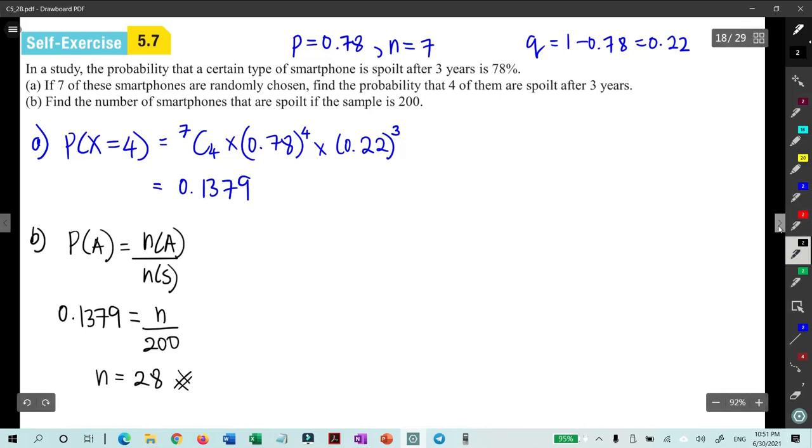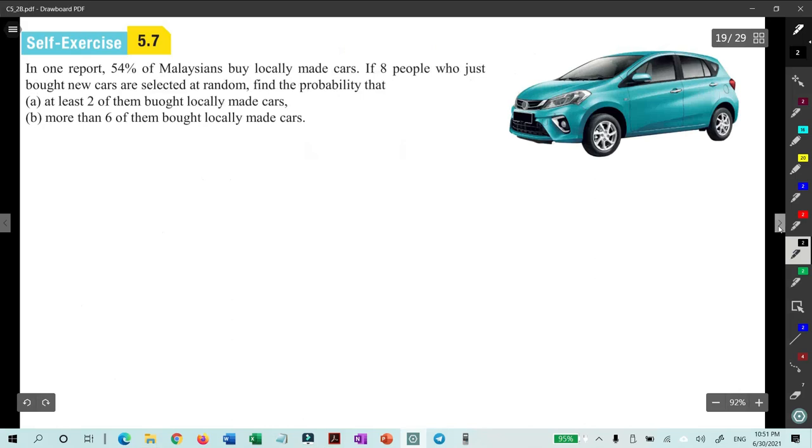Okay, let's look at question number 3. In one report, 54% Malaysians buy locally made cars. If 8 people who just bought new cars are selected at random, find the probability that A, at least 2 of them bought locally made cars, and B, more than 6 of them bought locally made cars.